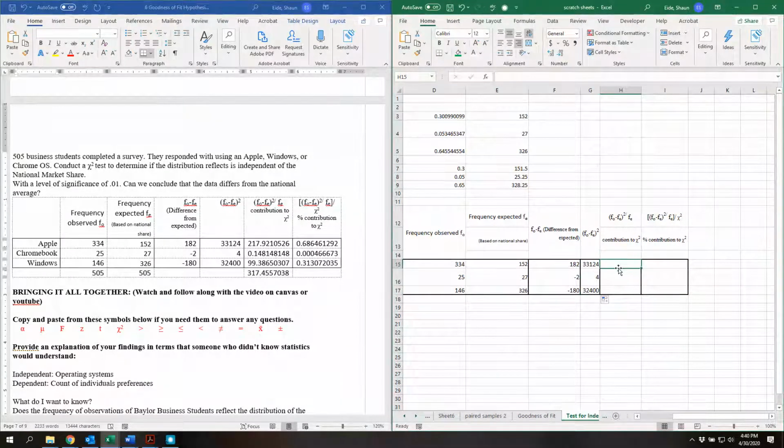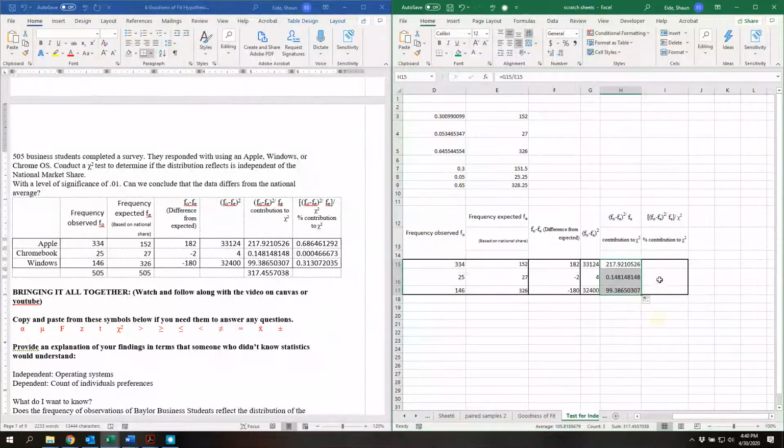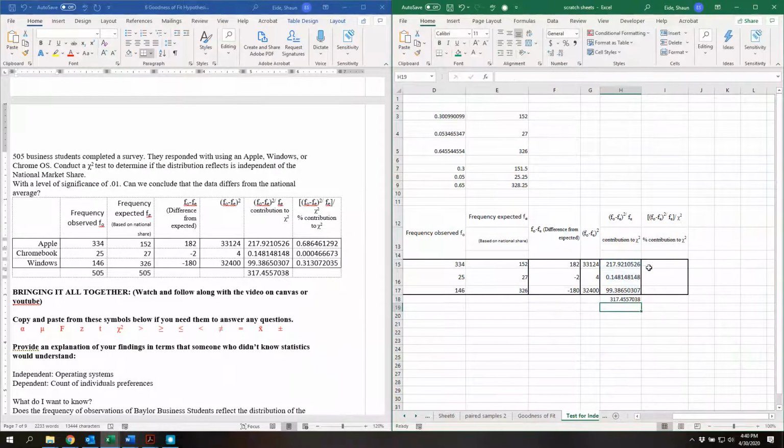And then this divided by the expected frequency, which is right here. Fill without formatting, and then last but not least, equals sum, and we've got the chi-squared right there.